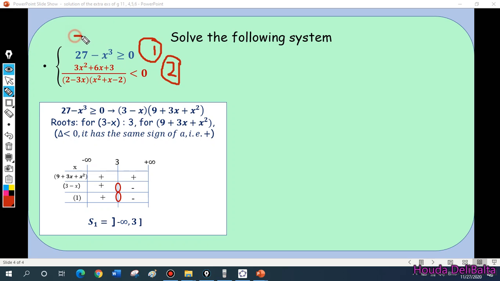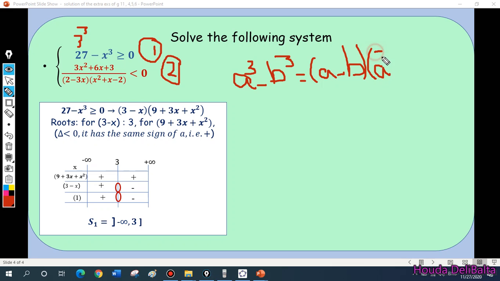As you know, 27 is 3 cubed, and there is an identity that says that a cubed minus b cubed is equal to (a minus b) into (a squared plus ab plus b squared). So we applied this identity on 27 minus x cubed because 27 is 3 cubed.